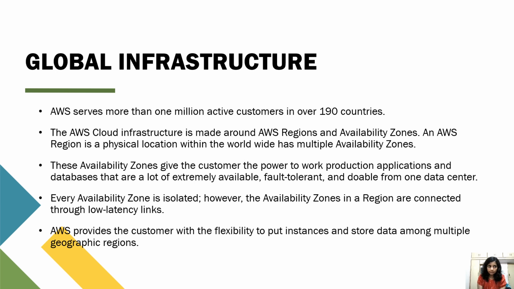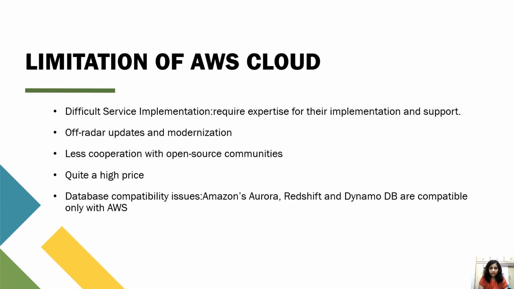Limitations of the AWS cloud. Difficult service implementation, which requires expertise for implementation and support. Off-radar updates and modernization would be a challenging task for the cloud as it has a very wide range. Less cooperation with open source communities, then quite a high price.